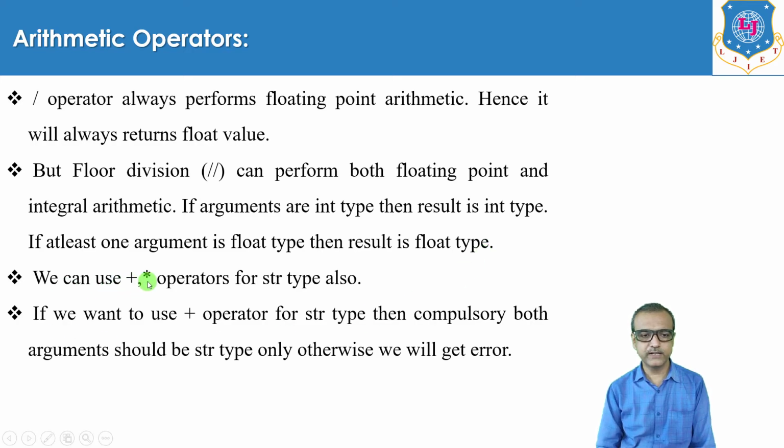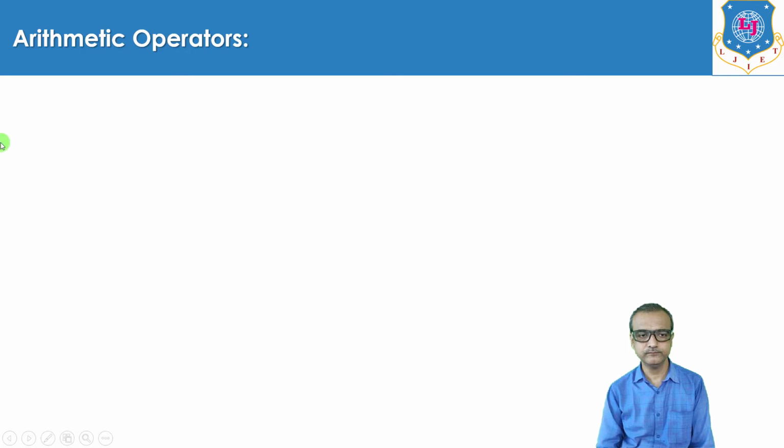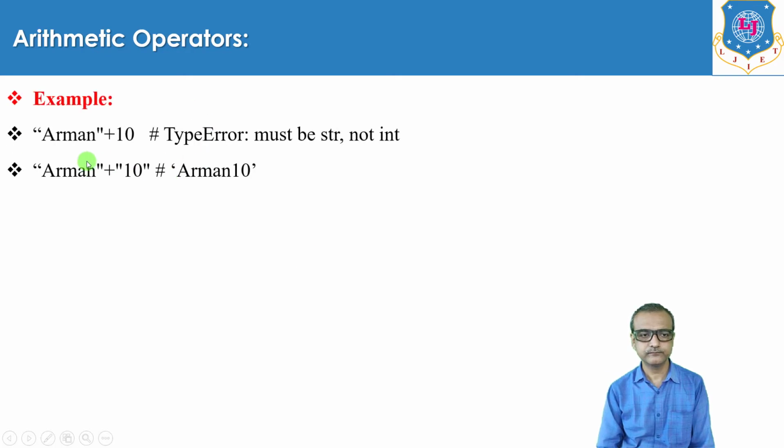We can use plus star operators for str type also. If we want to use plus operator for str type, then compulsory both arguments should be str type only. Otherwise, we will get error. How? I will just make you understand with the help of example. See, here is the example.